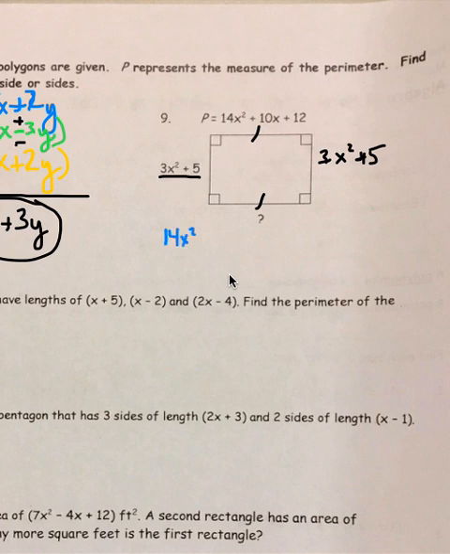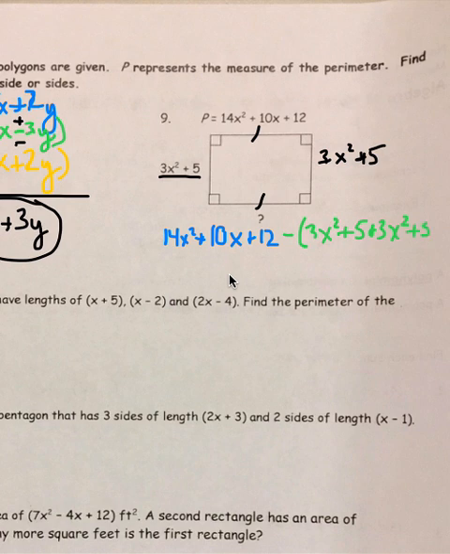14x squared plus 10x plus 12, and we're going to subtract 3x squared plus 5 plus 3x squared plus 5.